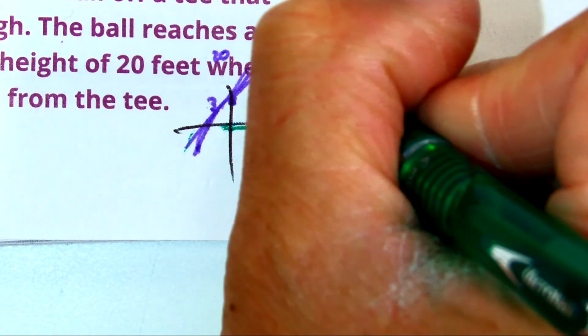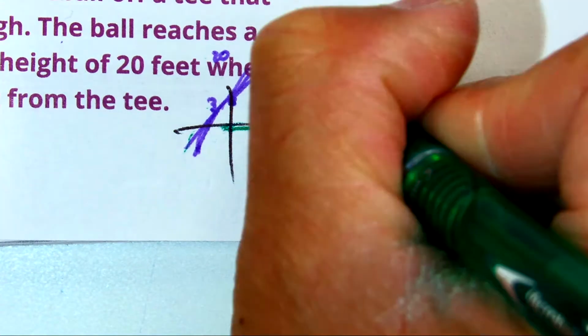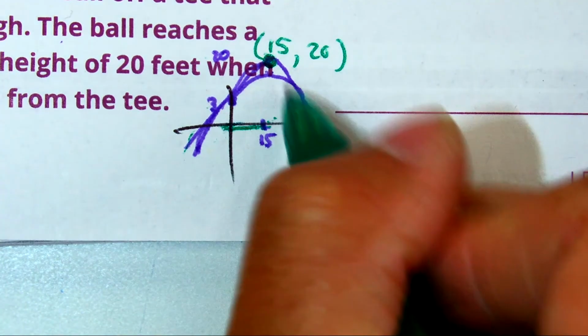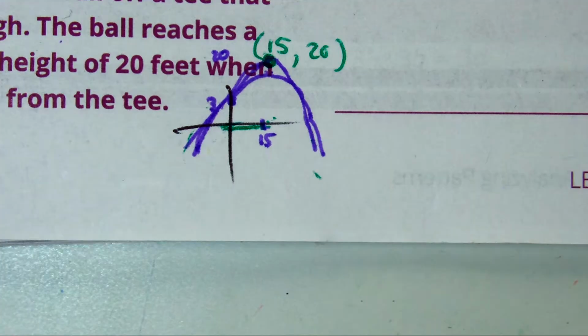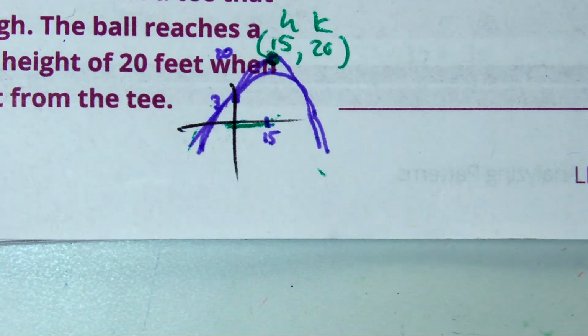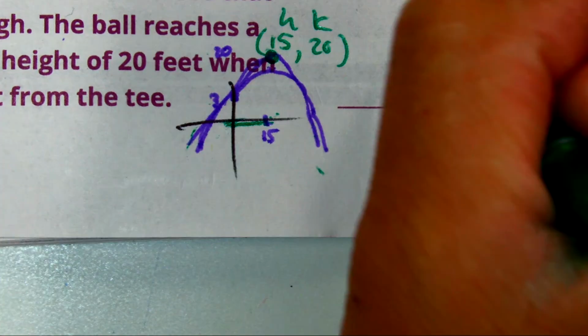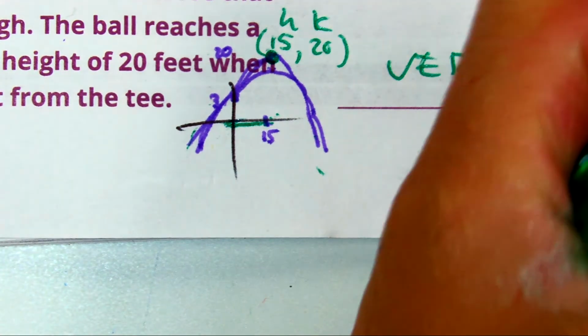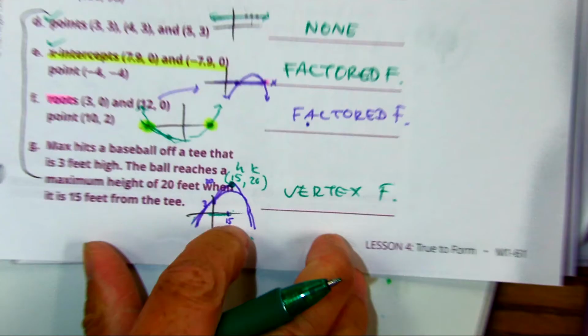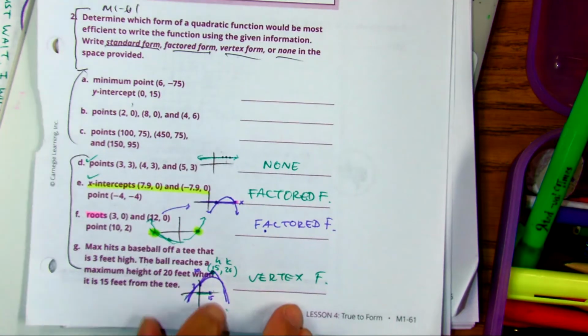That's my y value. So I have 15, 20 of a parabola. It's the maximum height. Another word for maximum is vertex. What form is that, class? Vertex form. Okay, so 4 examples, using the clues, trying to use my foldable, and then I can figure out the rest of those.